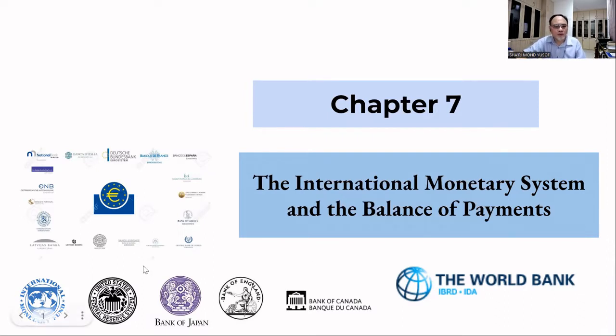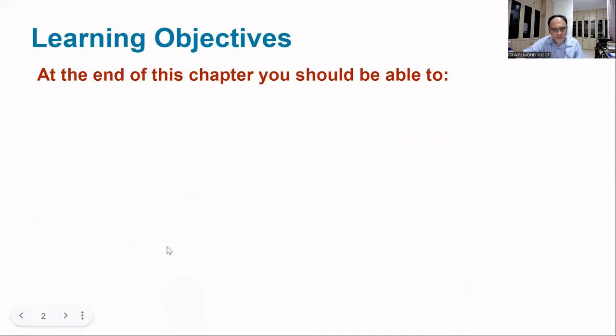Okay. So you notice here, it's related to the central banks of nations of countries around the world, as well as the World Bank. We will see inside this topic the development of how the World Bank came into the picture.